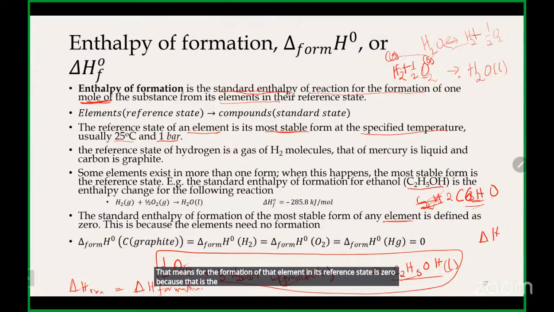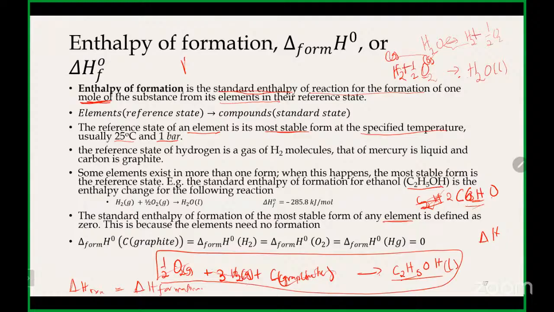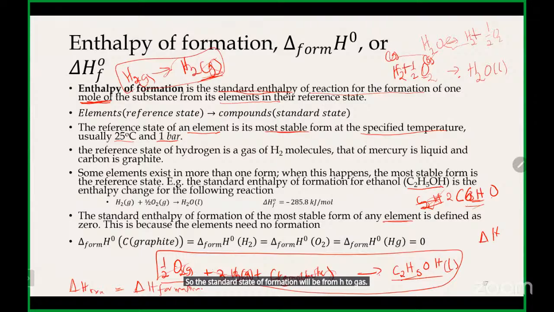That is the reference point. Meaning this is H2 gas, the standard state, so the formation will be from H2 gas. There's no enthalpy change, so any enthalpy change for formation of an element in its reference state is equal to 0. Some other examples are given on the last line.